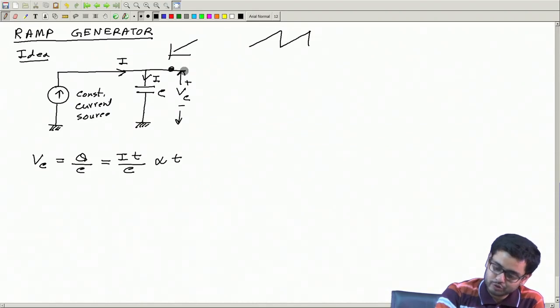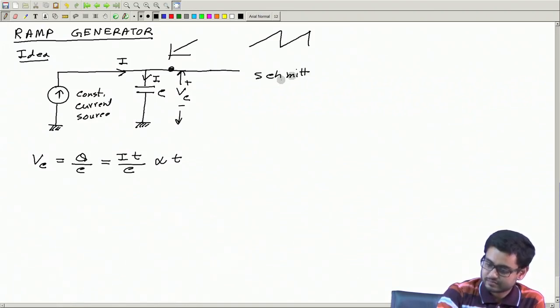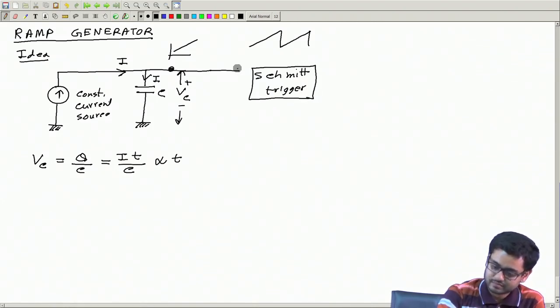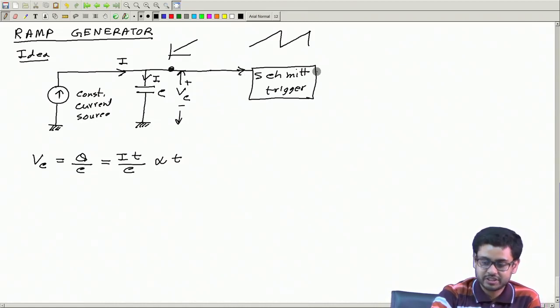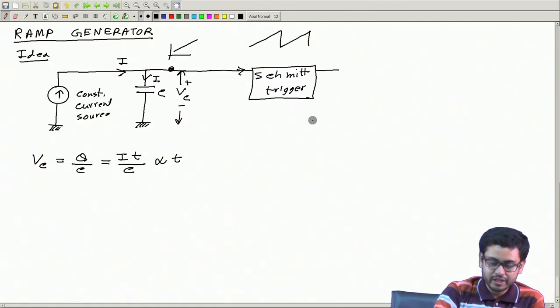So what we will do, we will feed it to a Schmitt trigger circuit, and this Schmitt trigger will activate a switch.